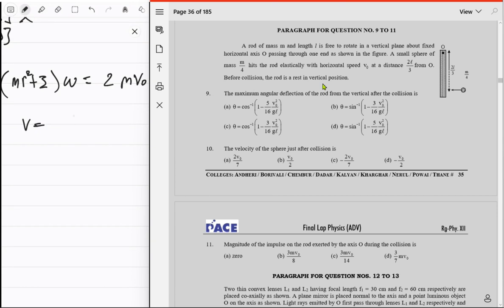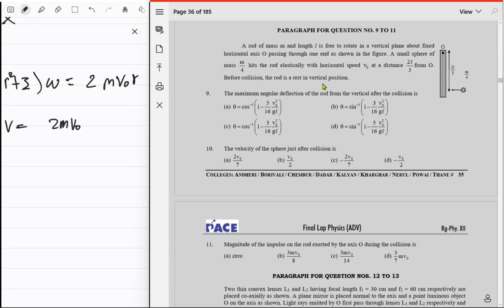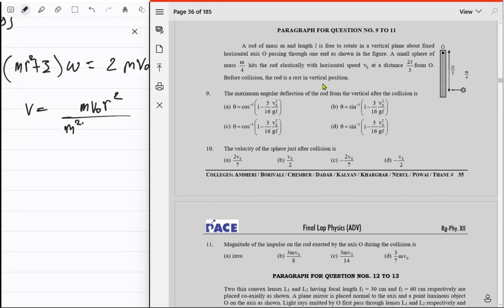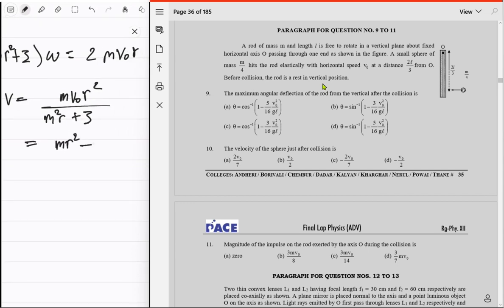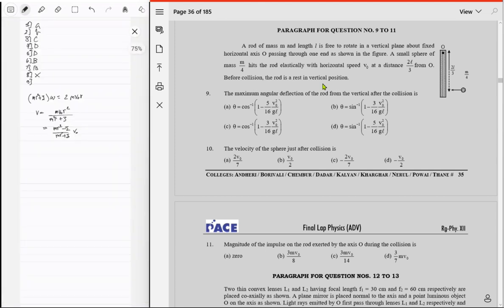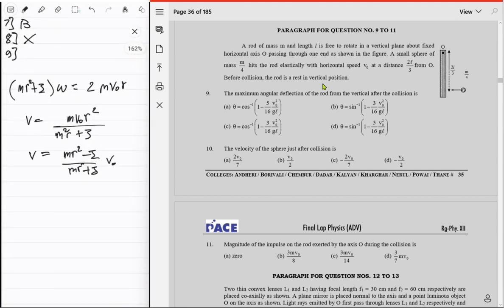So omega will come out as 2 m v naught r squared over (mr squared plus I), as usual. In this case it's just (mr squared minus I) upon (mr squared plus I) in terms of v naught. So we got v, and v is in the positive direction, where v naught was the positive direction. So these are the two equations we know of, right?